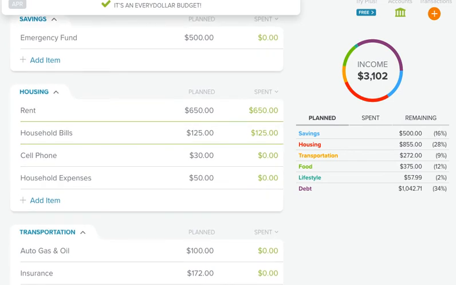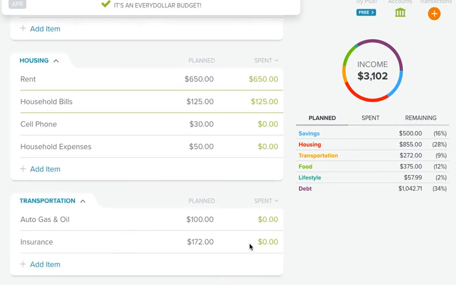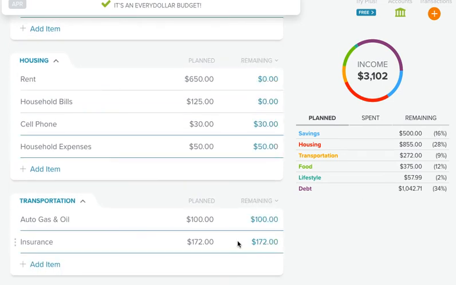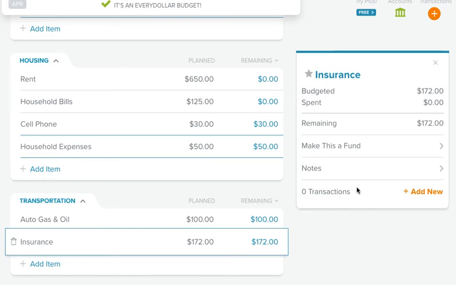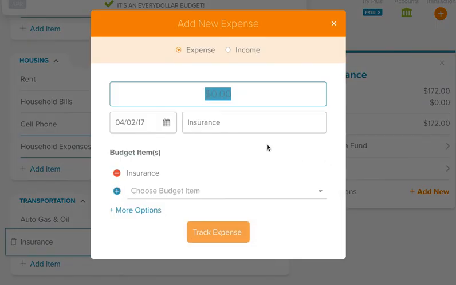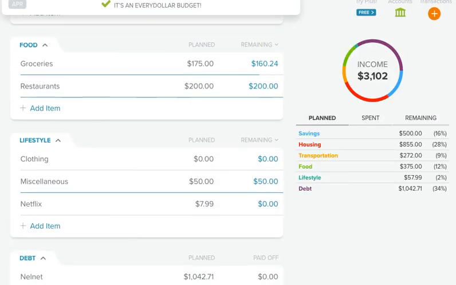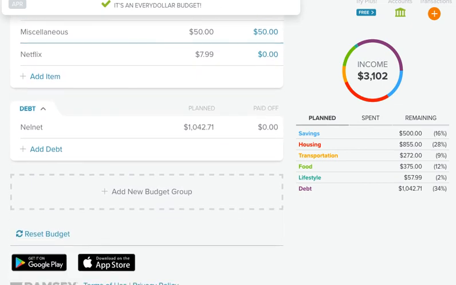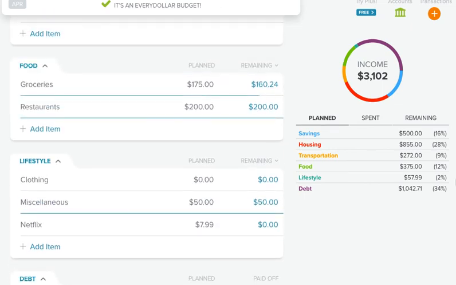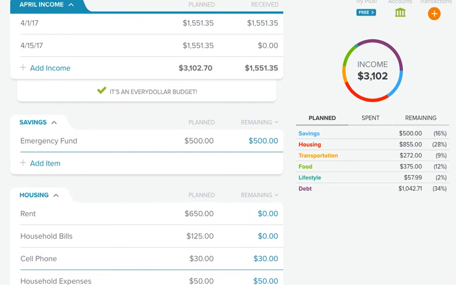I'm just trying to see what else I paid yesterday. Oh, and my insurance. Keep forgetting not to click there. So 172. Alright, that looks pretty good to me.